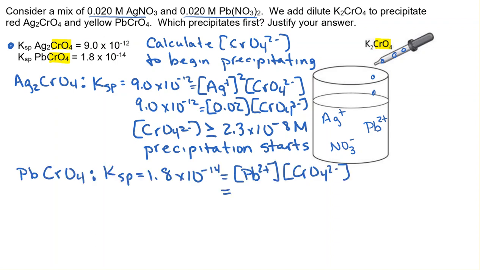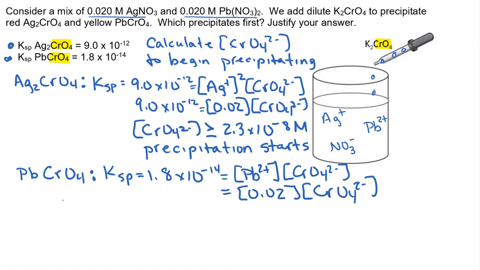All right, now we're going to return to the lead chromate. And I've already started this down here. So the KSP is 1.8 times 10 to the negative 14th. That's equal to the lead concentration times the chromate concentration. So we're going to plug in the concentration of the lead 2 plus and solve for the chromate ion concentration.